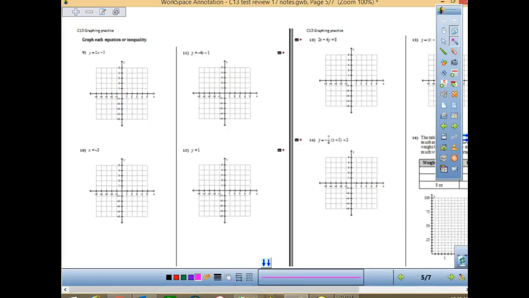Any other questions? So these are the practicing graphing of the linear ones, 9 through 14. Number 14. When I look at 14, what is your start point? What is the point they gave us? Okay, so I want you to go back.